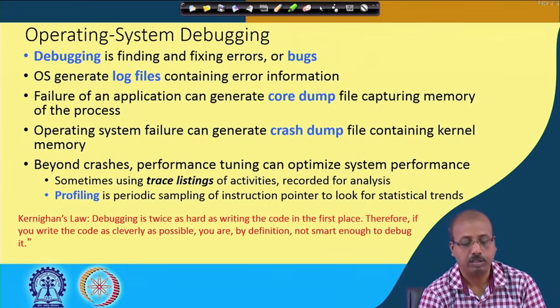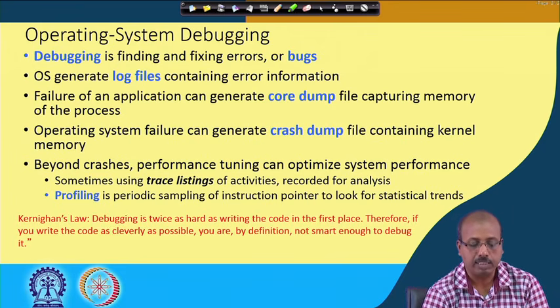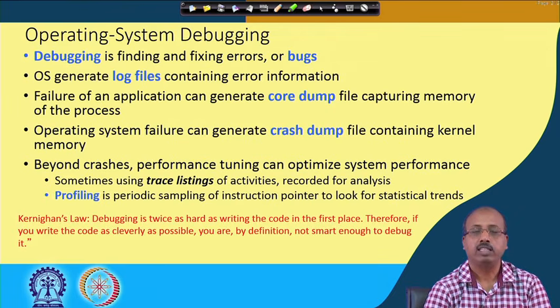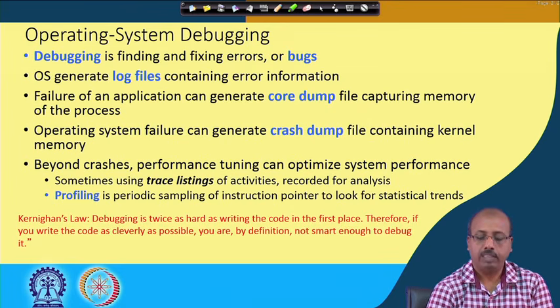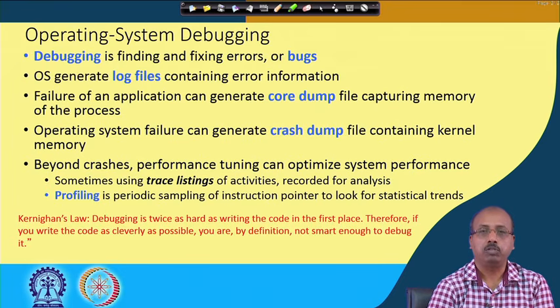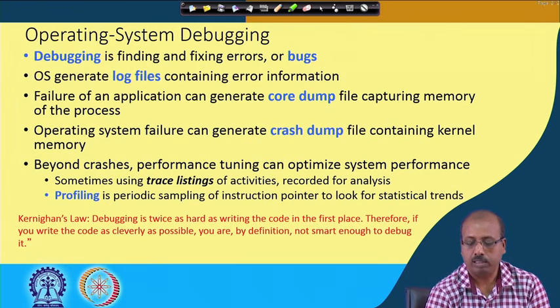There is something called Kernighan's law, which says that debugging is twice as hard as writing the code in the first place. This is very important because somebody else has developed the code, and now we are trying to find what the difficulty with that code is. It is very difficult, and even if it is done by the same person who developed the code, it is often very difficult to find the root cause of the situation.